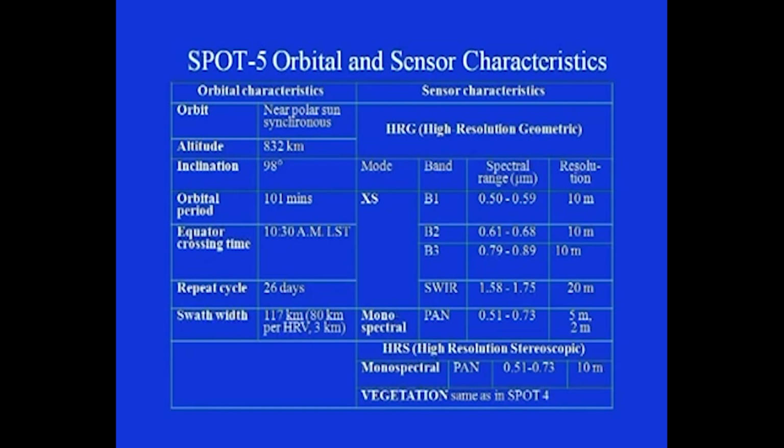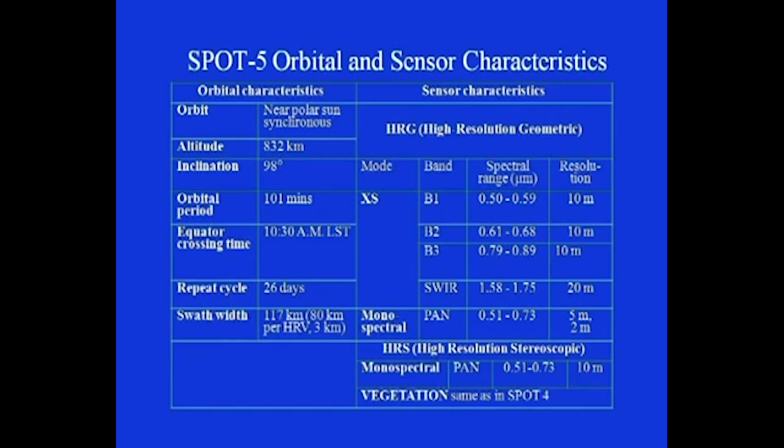In the multispectral, there were 3 bands which were common to the previous satellites. However, the MIR band was discarded and a new band was introduced, that was the shortwave infrared region operating between 1.58 to 1.75 with a spatial resolution of 20 meters.